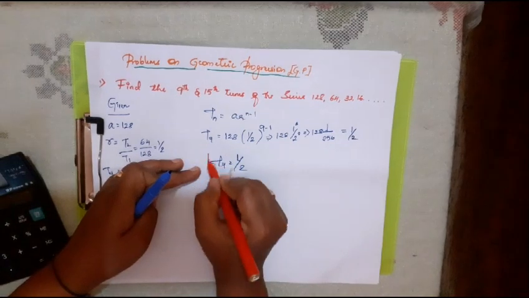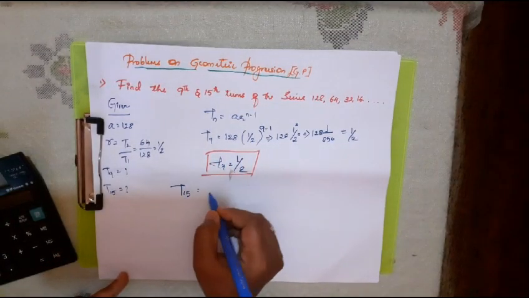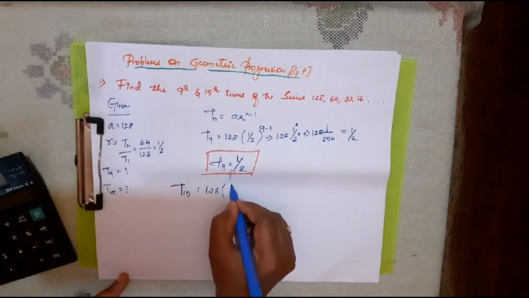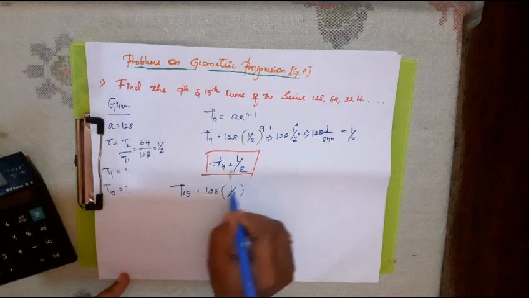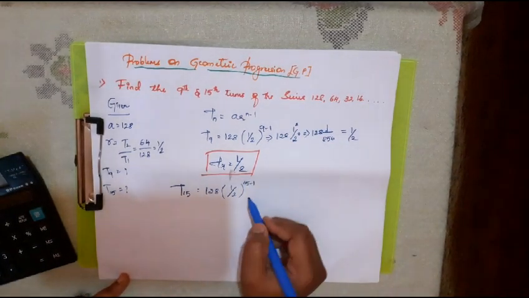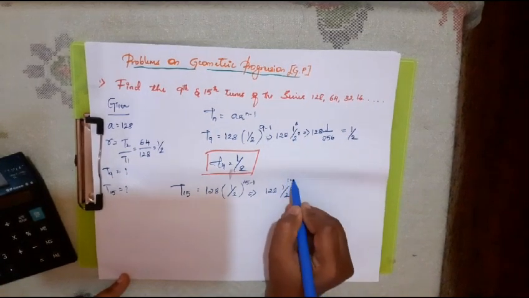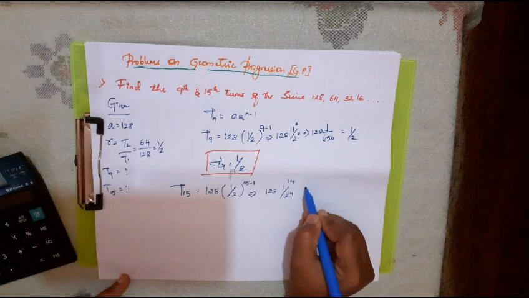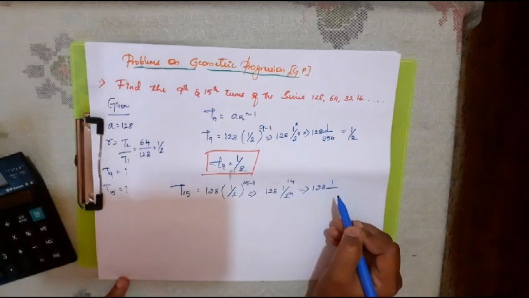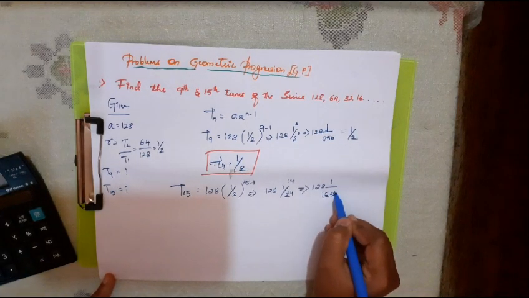In the same way we have to calculate T15 also. For T15, the first term is 128 and R is 1 by 2. So here it is 15 minus 1, that is 14. So it is 128 times (1 by 2) to the power 14, which is 128 by 16,384.